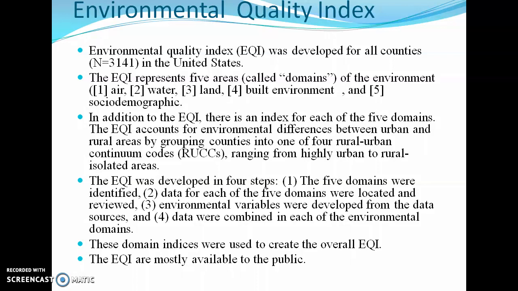Then next, these domain indices were used to create the overall EQI. That means from the 5 domains we are going to calculate the overall EQI. The EQI is mostly available to the public. Whatever figure there is for that index is available to the public.